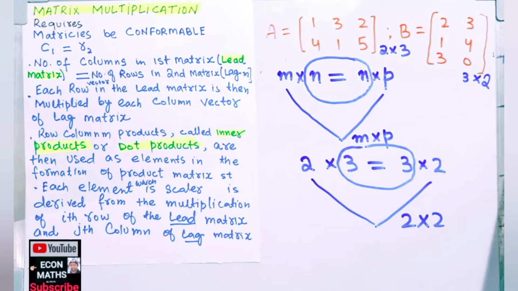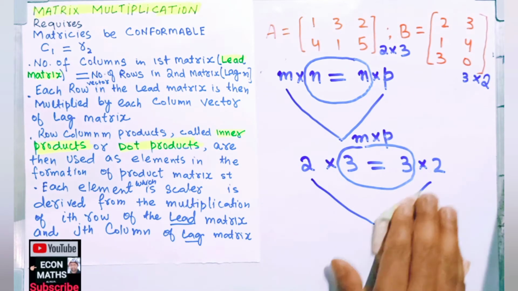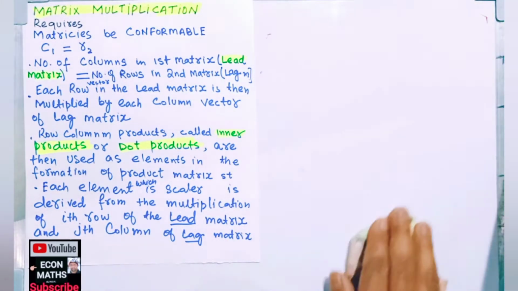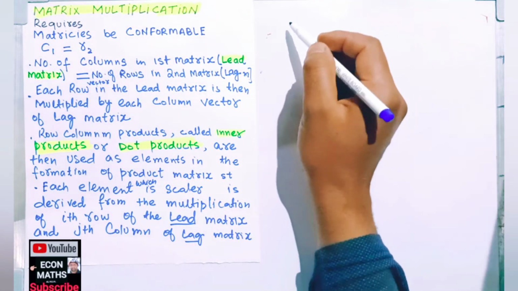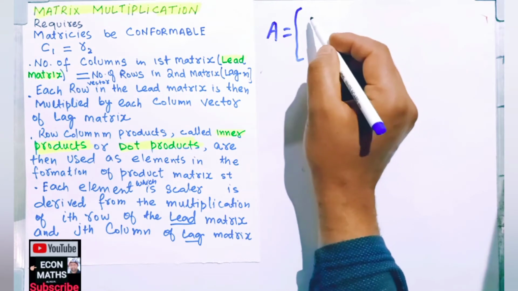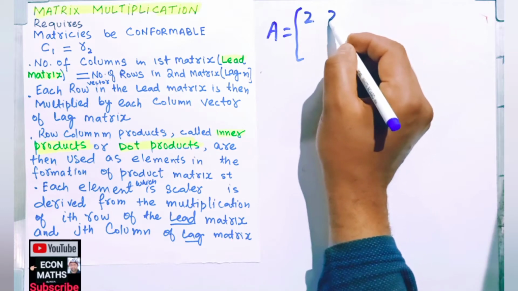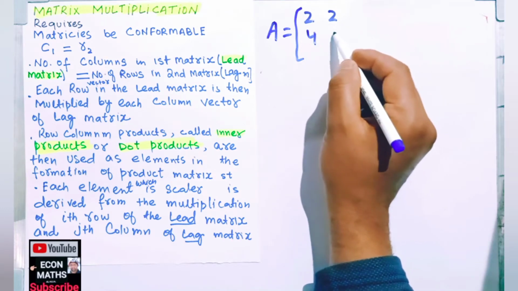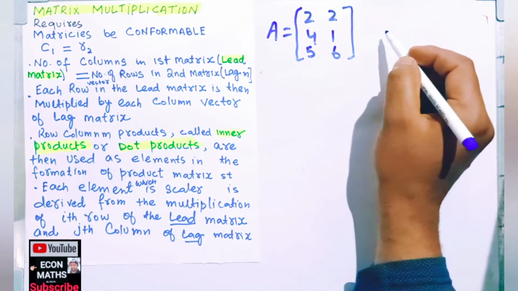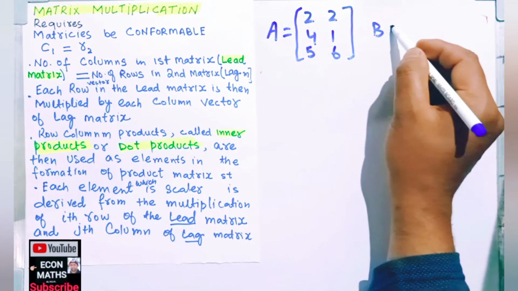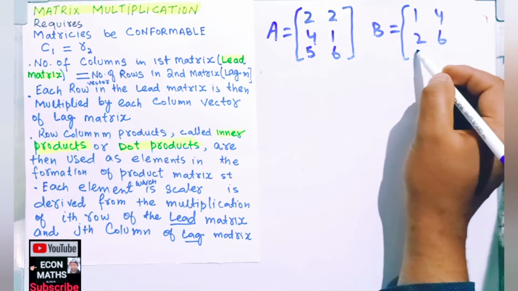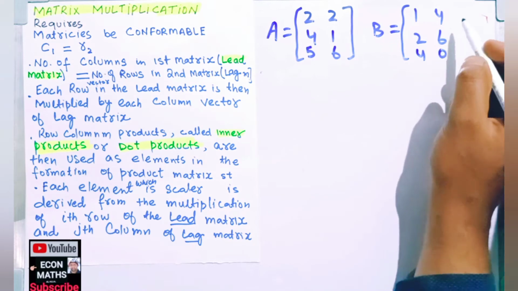Now let us say I have another example. I have a matrix A equal to 2, 3, 4, 1, 5, 6, and a second matrix B equal to 1, 4, 2, 6, 4, 0, let us say.